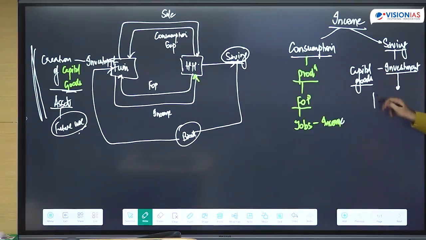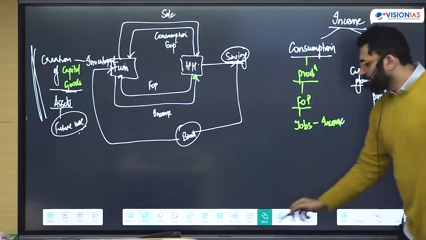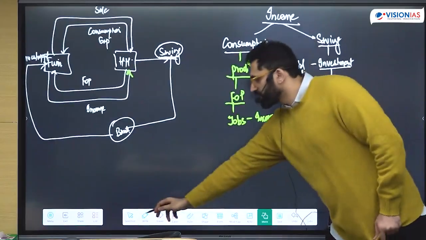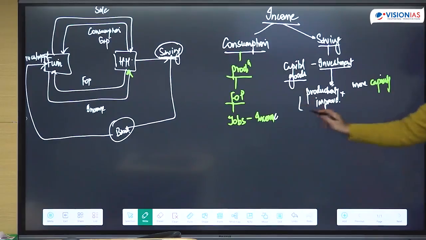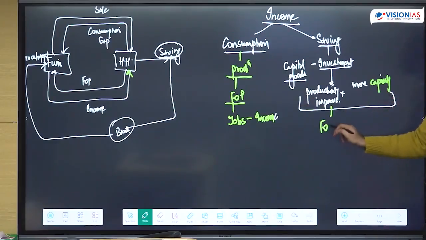Creation of capital goods, that means your productivity will improve. Efficiency is improving, or you have more capacity to produce. This is also increasing the productivity. Both of this means you will have better utilization of factors.